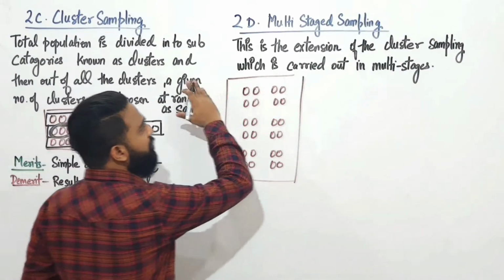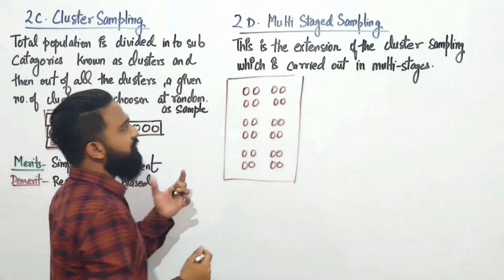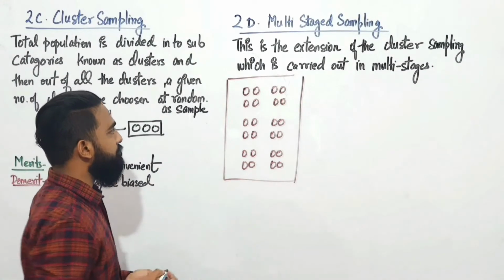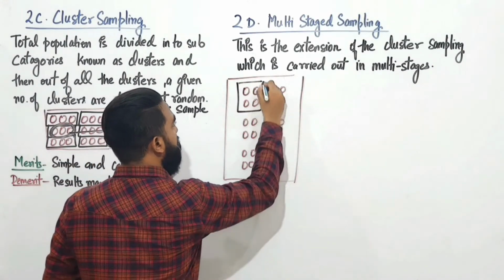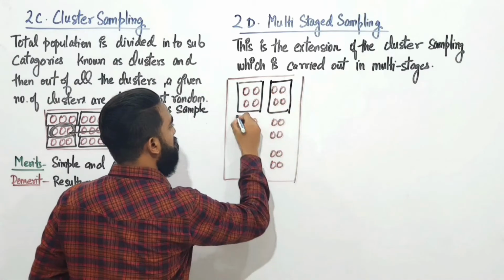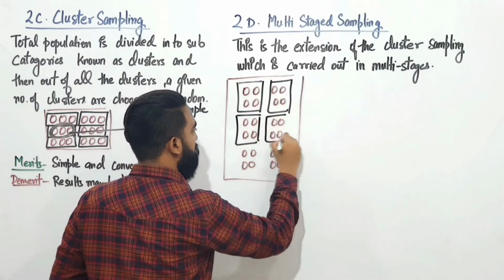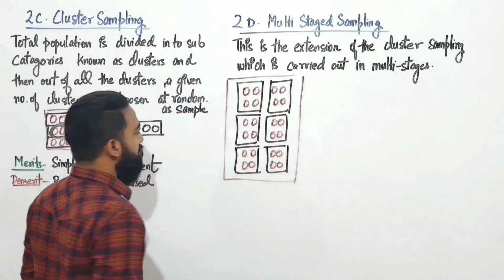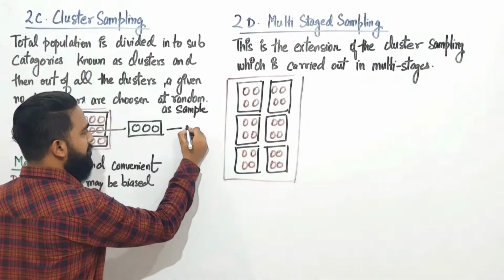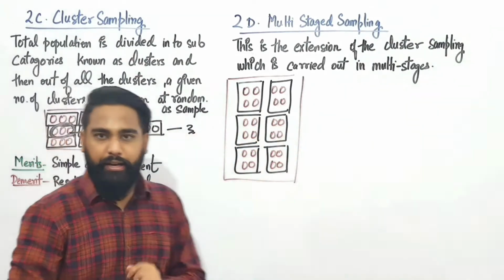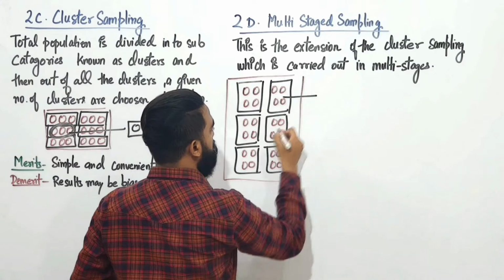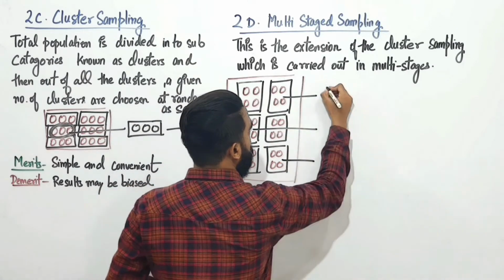It is carried out in multiple stages. Now I have divided them into clusters. Suppose I need 3 samples. Here also I selected 3, and here also I need 3. Now from these 6 clusters I am going to select 3.